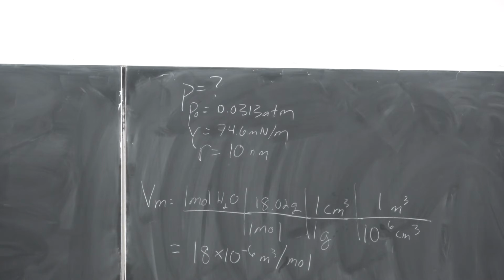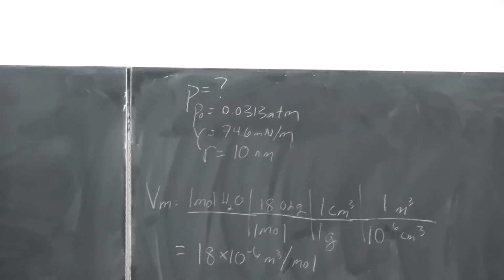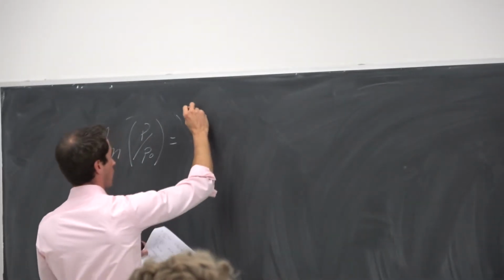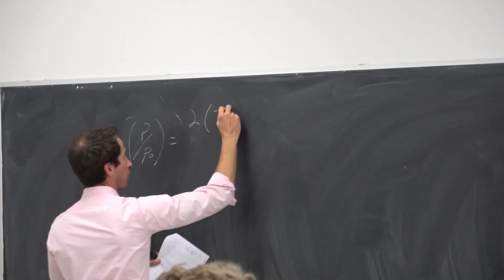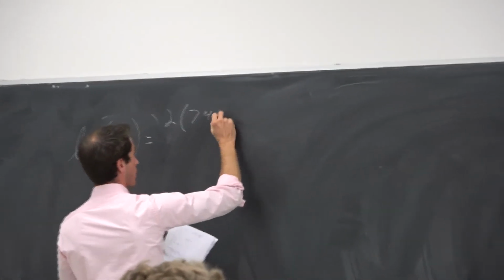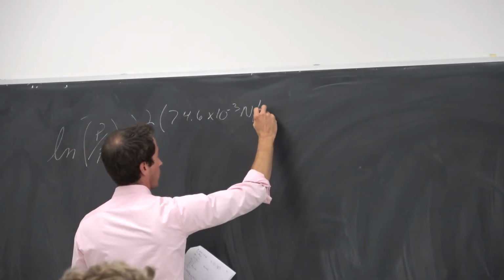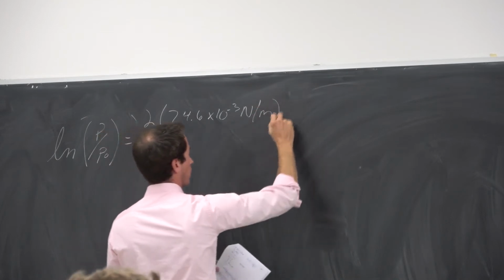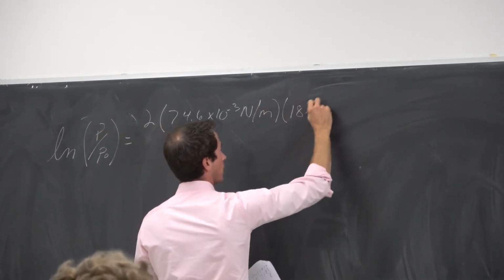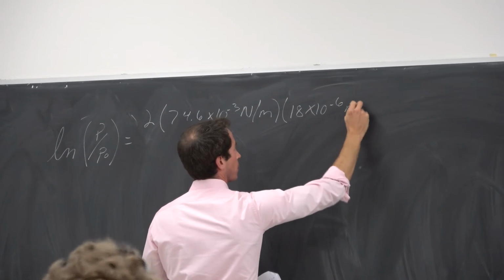So then it equals 2 times 74.6 per meter times 18 times 10 to the negative 6.